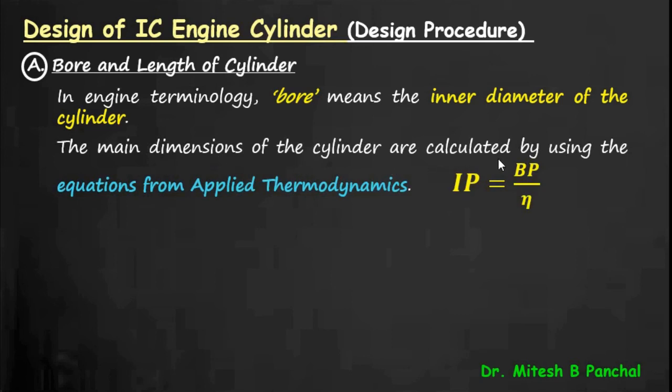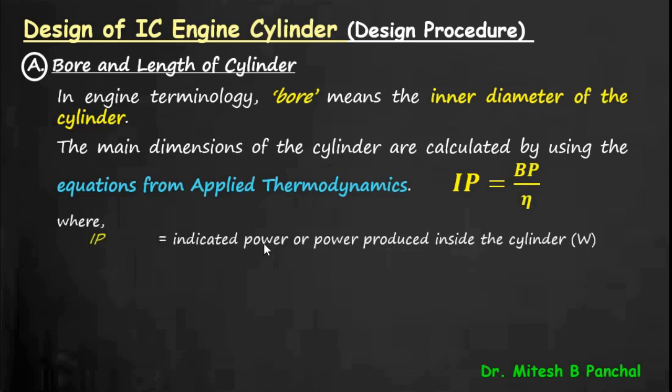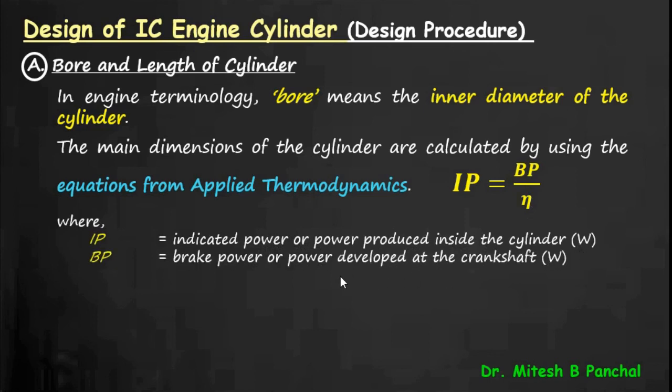The main dimensions of the cylinder are calculated using the equations of applied thermodynamics. So this equation is known, that is IP equal to BP divided by eta. Here eta is nothing but the mechanical efficiency. Okay. So where IP is the indicated power or power produced inside the cylinder, that is in watt.